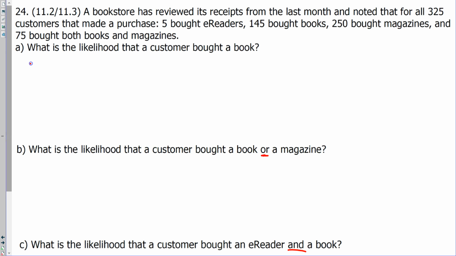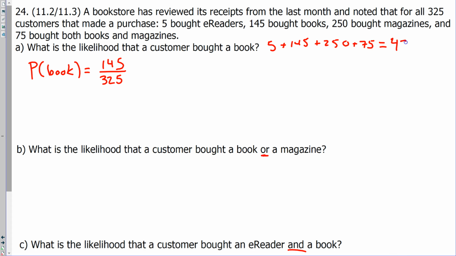So part A, we just want to know the probability that someone bought a book. So we can use all the different people that bought books, there were 145, out of the total. Now here, if you notice, they did tell us the total, it was 325. But if you add up the 5 and the 145 and the 250 and the 75, that's actually not 325. When I add all these up, I get 475.